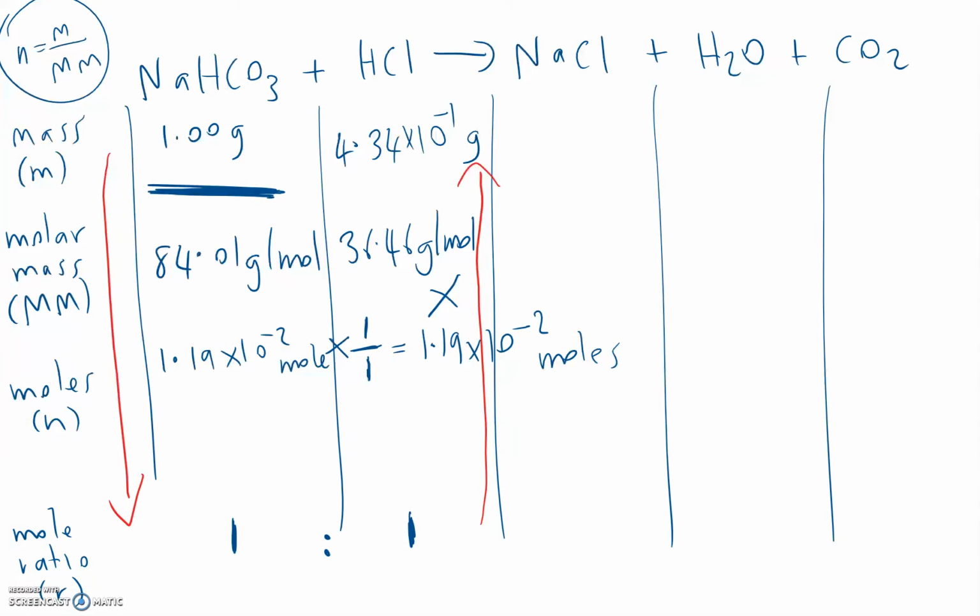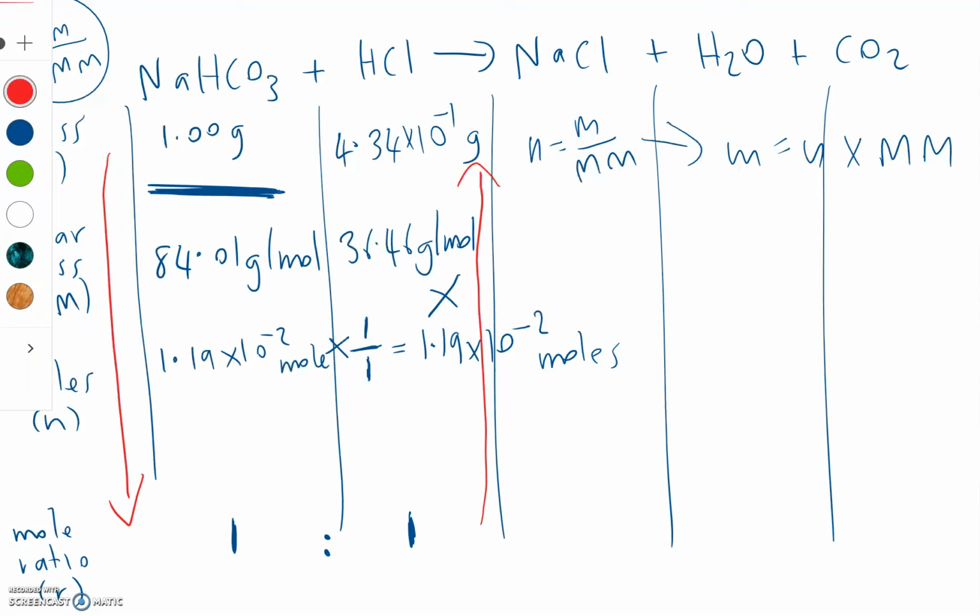For this final step, I essentially used this equation, but I rearranged it to solve for mass, and I multiplied the number of moles by the molar mass, and that gives me my final answer.